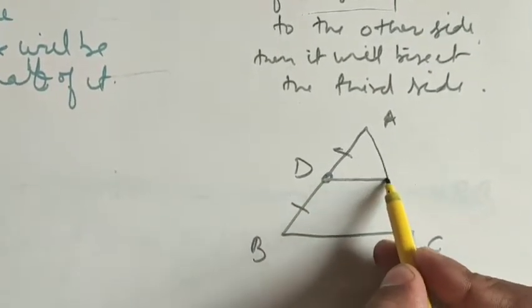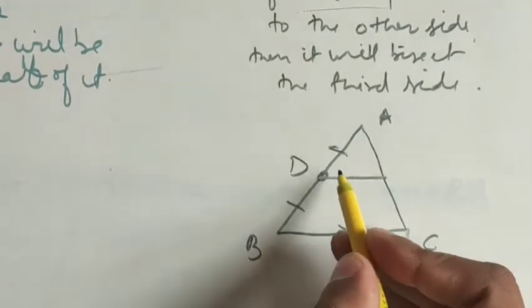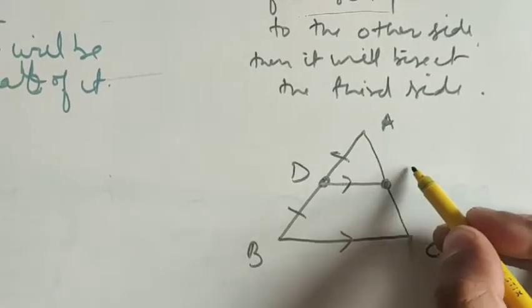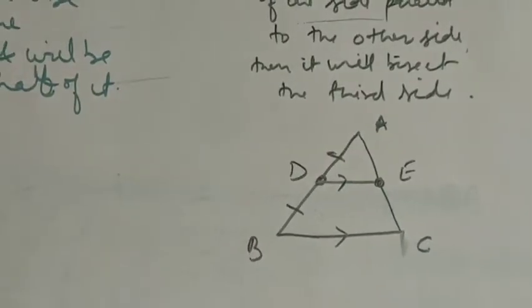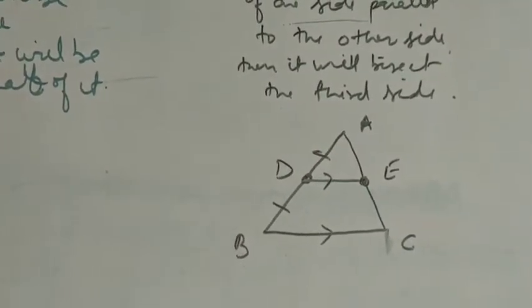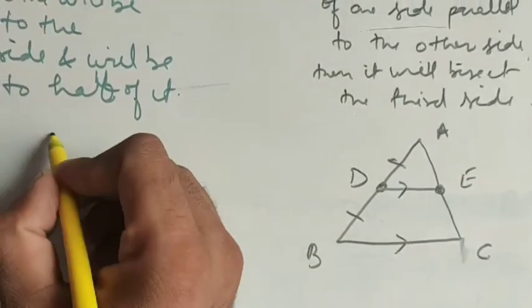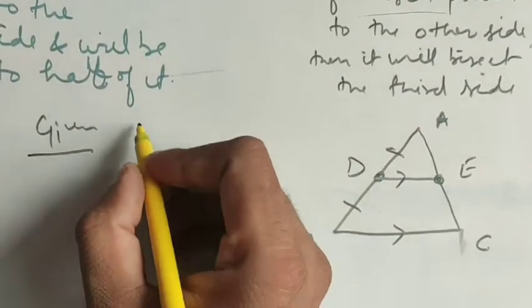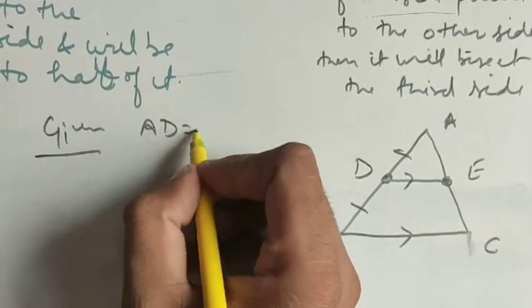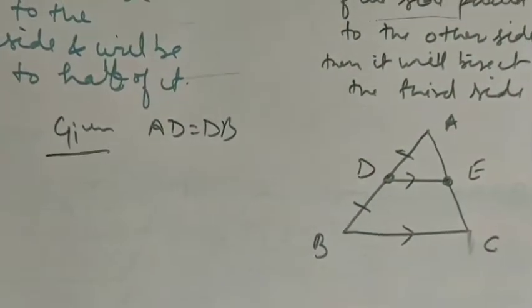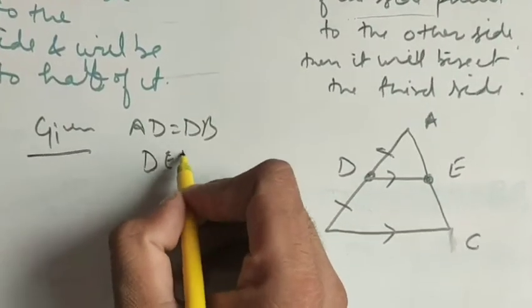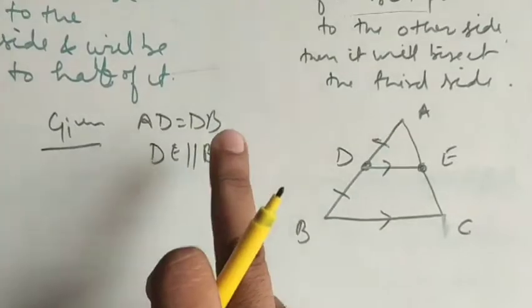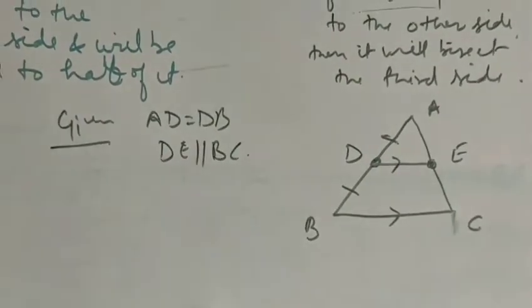This is the line which we have drawn parallel to BC. If you do this, then this point E will also be the midpoint of AC. Now we are doing the proof of this. In the given part, it is given that AD is equal to DB and DE is parallel to BC.